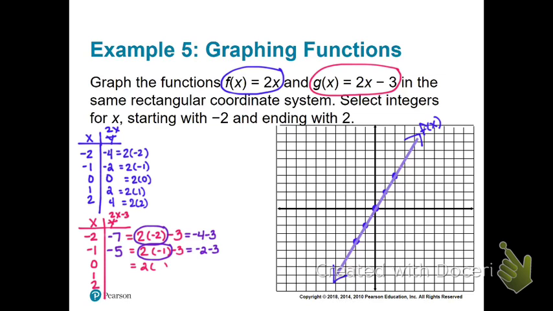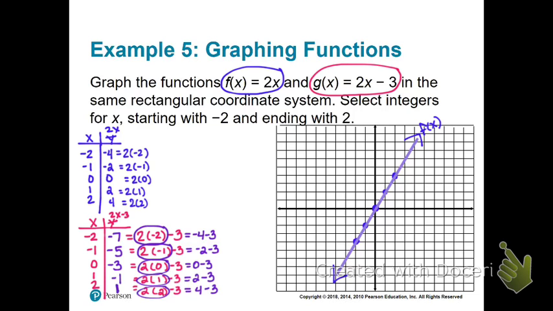So we got 2x. So we're going to plug in 0. So we get 0 minus 3, which is? Alright, and y'all go ahead and finish up those last two.